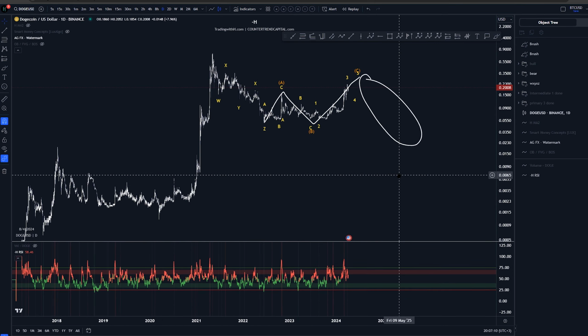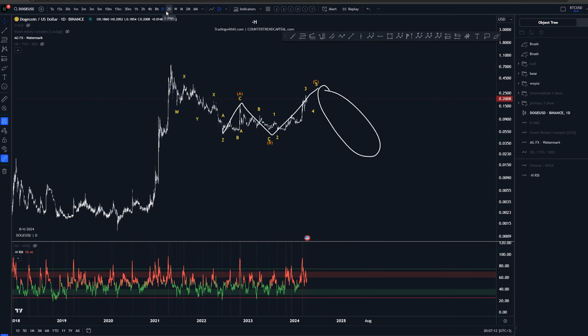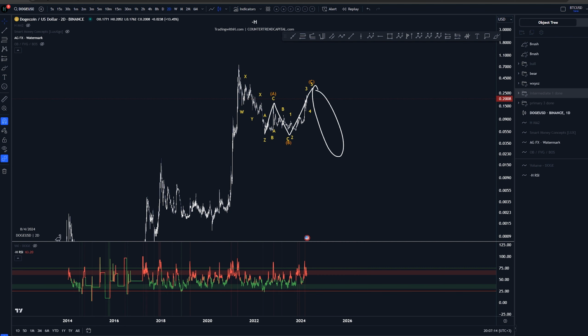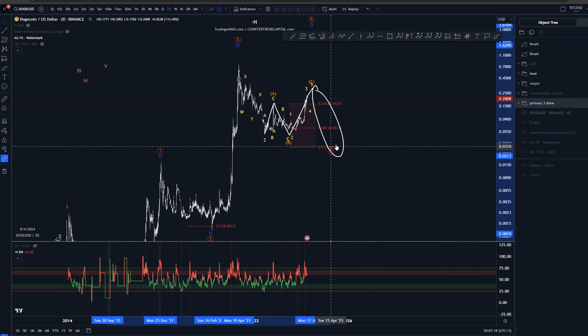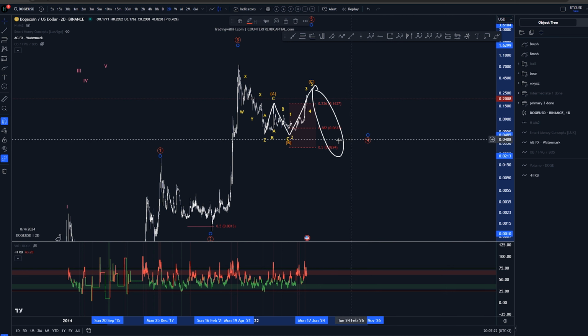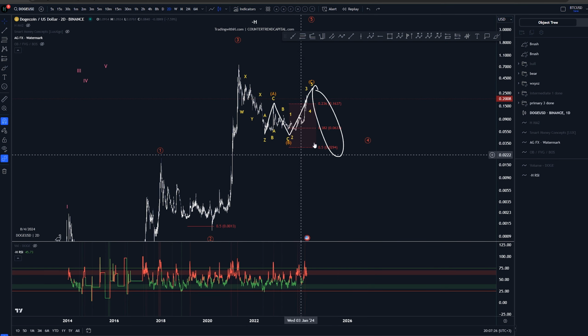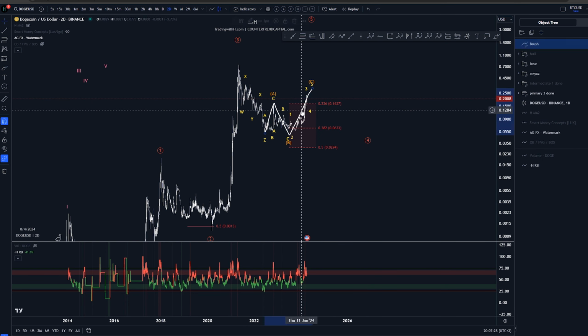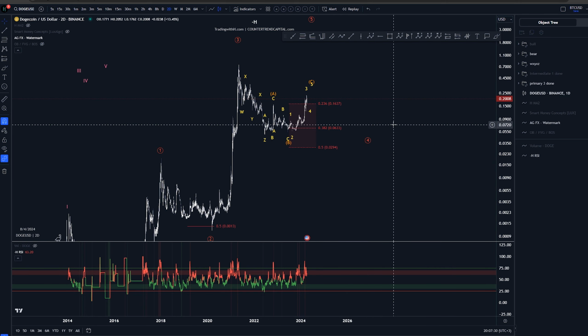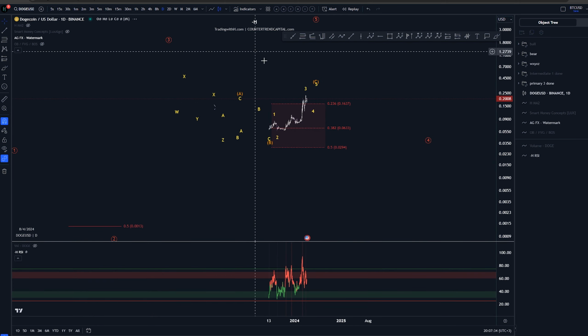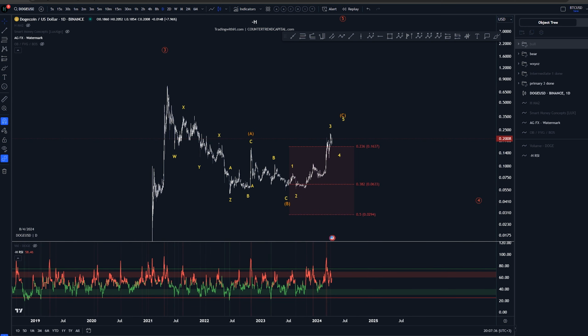Again, this would be more bearish overall on the higher time frame, where this wave 4 that we were talking about would not be done yet, and we would be retracing here, most likely looking to take out this low that we had in June 2022. But again, we don't need to be too concerned about that yet. I think we have a bit more structure to go still to the upside.